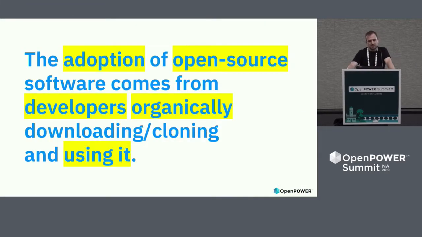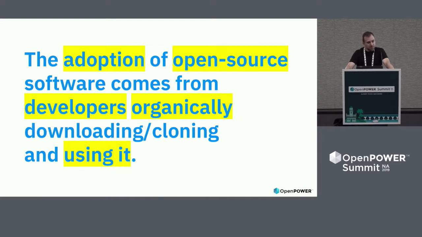We know this is important because the adoption of open source software comes from developers organically downloading and using it. That happened with Velero. When people started using Velero to back up their Kubernetes environment, it became a well-known tool that anyone wants to use, and that was not running on Power. Then we had to catch up and try to make it run on Power.